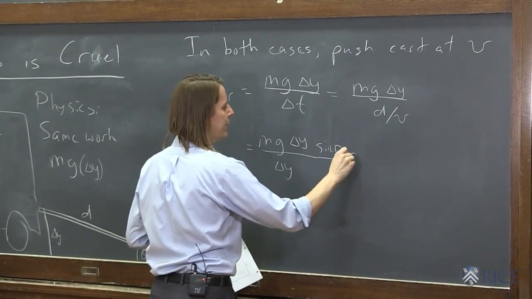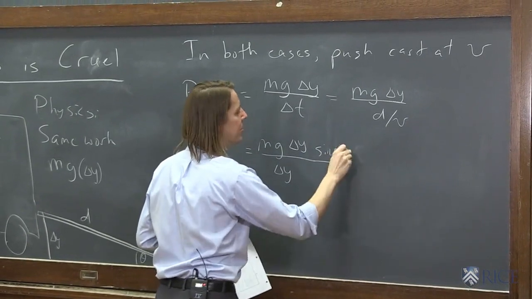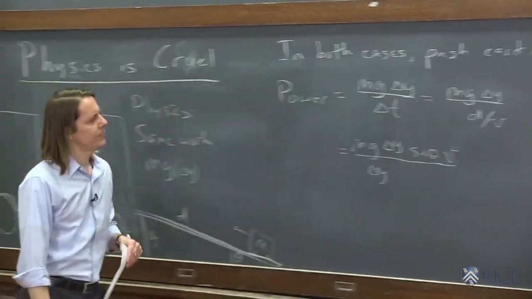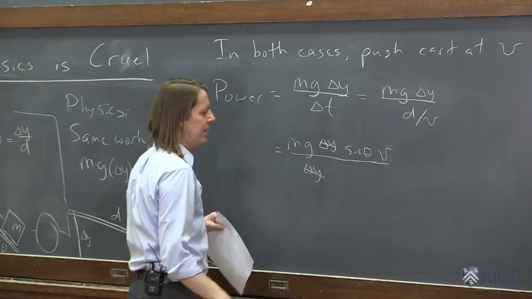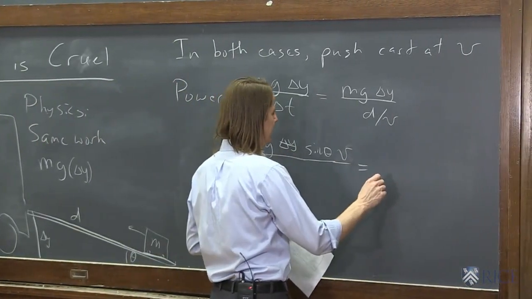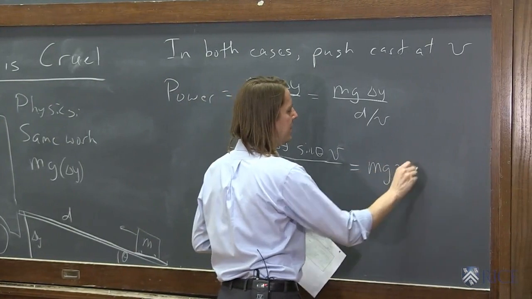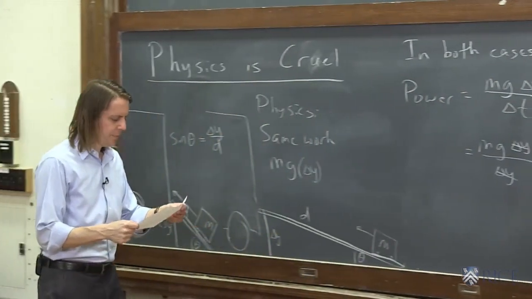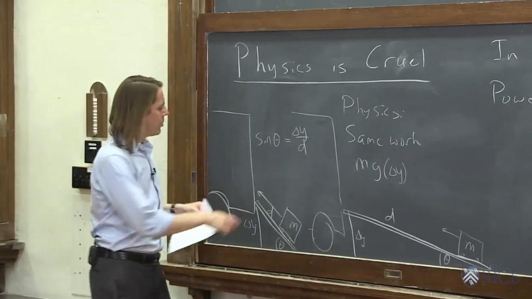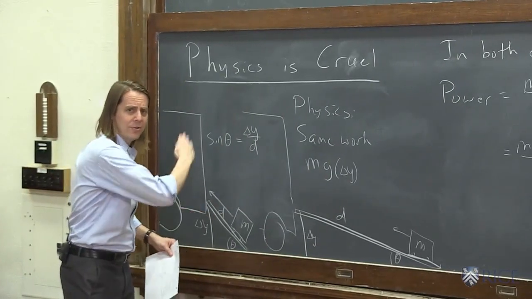And I guess I could go ahead and put the v up here as well. All right. Okay, so now we see, this is interesting, so the delta y's cancel, and we get that it is mg v sine theta.